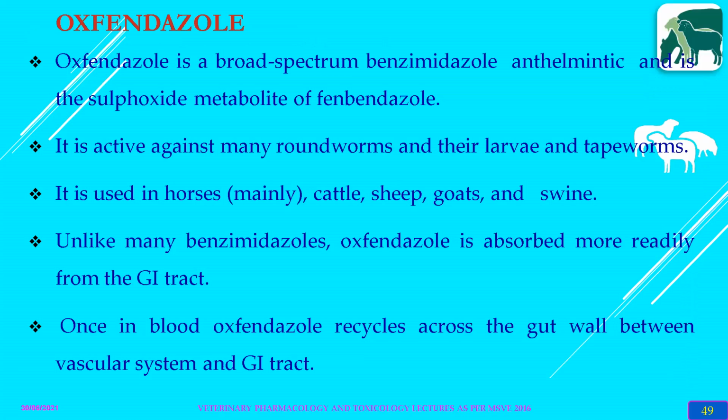So unlike many benzimidazoles, oxfendazole is absorbed more readily from the GI tract. Once in blood, oxfendazole recycles across the gut wall between the vascular system and the GI tract. Because of this, oxfendazole has a longer duration of action.